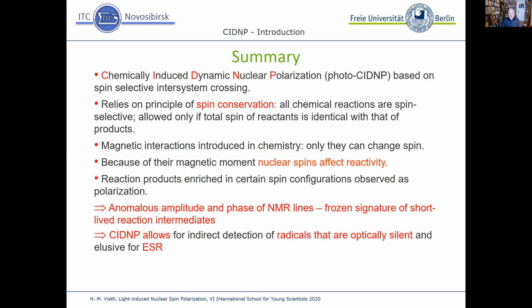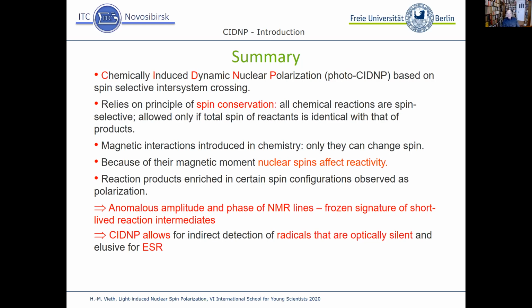So we sum up. Chemically induced dynamic nuclear polarization is based on the spin selective intersystem crossing in the short-lived intermediate molecules. It relies on the principle of spin conservation. As I said, all chemical reactions are spin selective and allowed only if the total spin of the reactants is the same as that of the products.